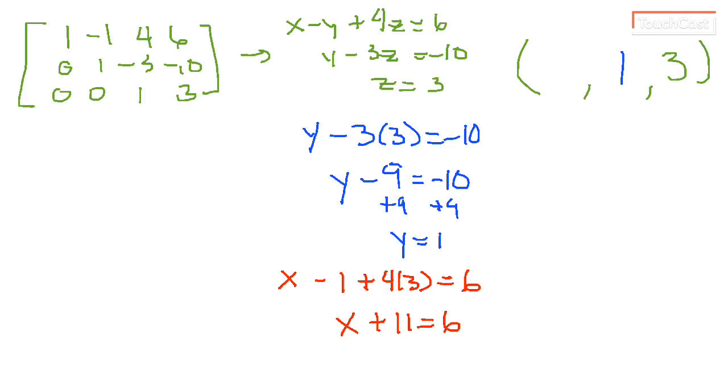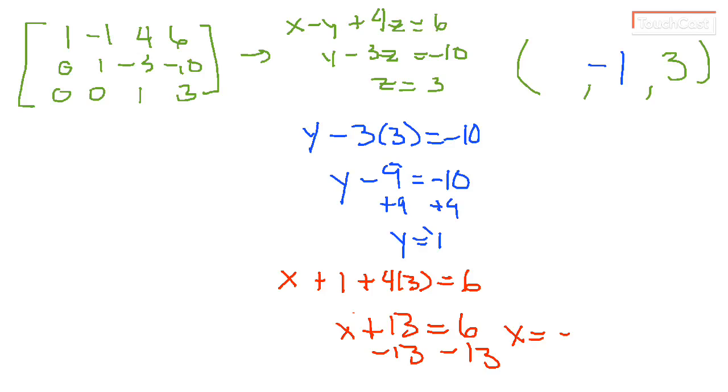When I minus 11, and actually I noticed I made a mistake, my y should actually be a negative 1, which is going to change some stuff here, especially here in the red. So what's going to change is it's going to be x plus 1, because we're minusing a negative 1, which gives us x plus 13 equals 6. If we subtract 13 from 6, we're going to get x is equal to negative 7.